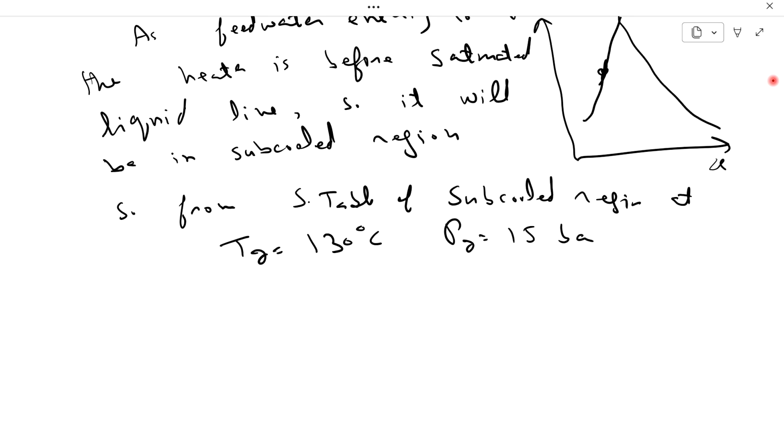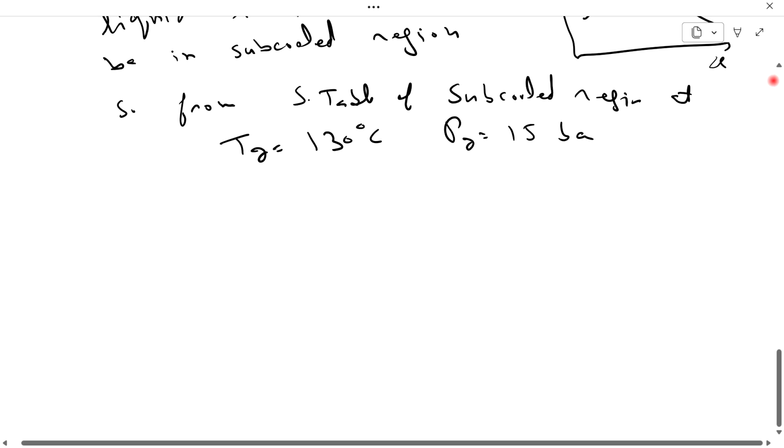So we assume that the pressure of feed water is also 15 bar. From the subcooled region steam table, at these values H2 is equal to 546 kilojoule per kilogram, and S2 is equal to 1.634 kilojoule per kilogram per Kelvin.